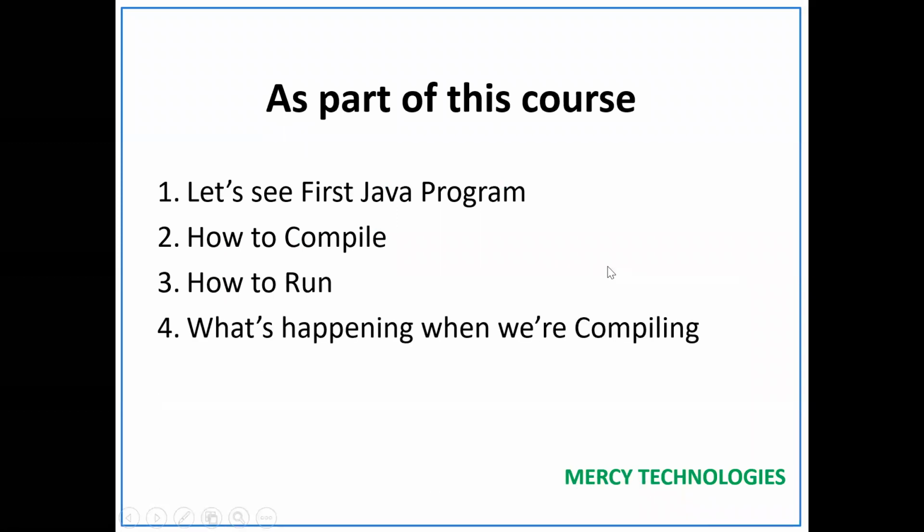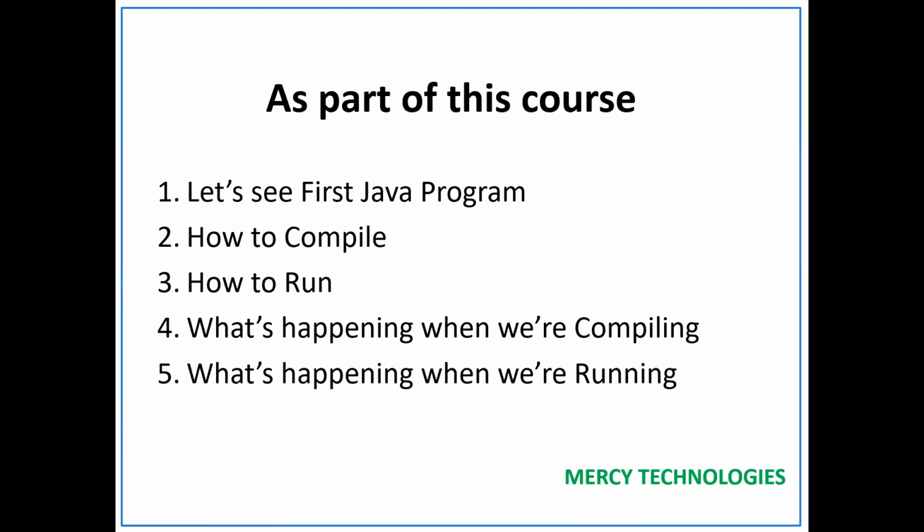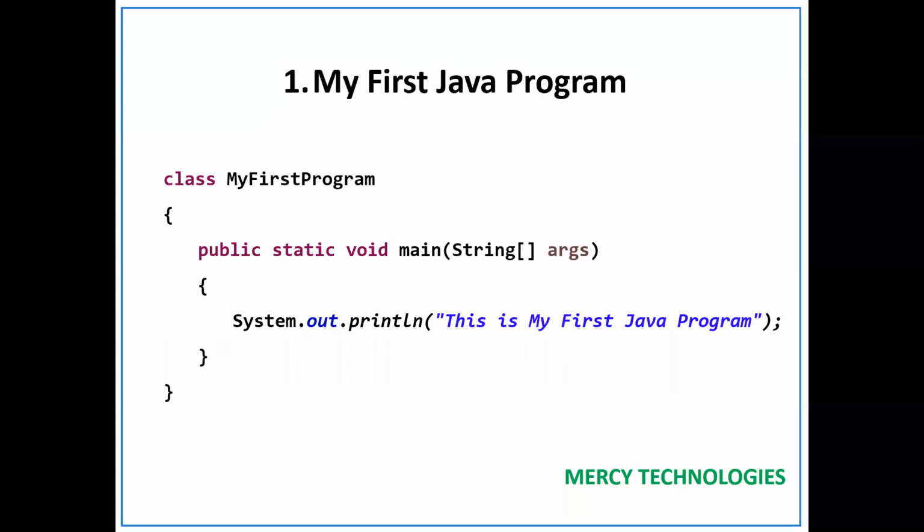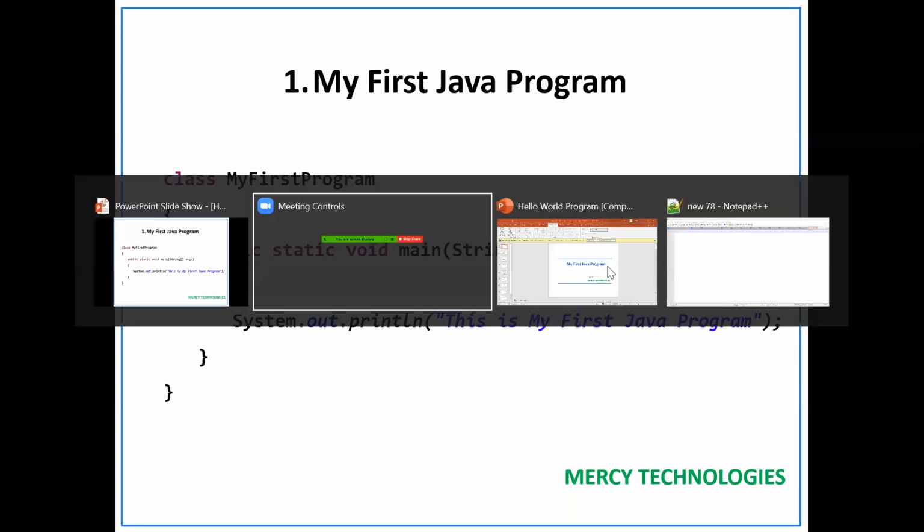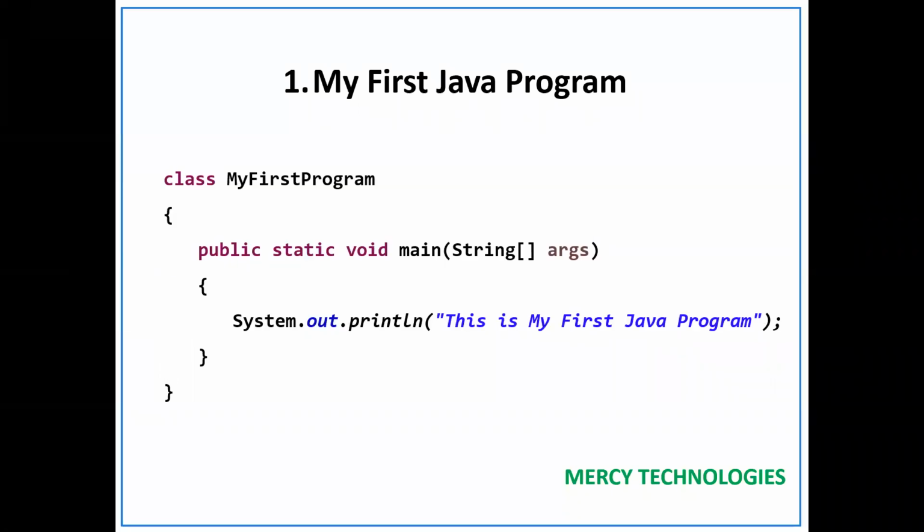The most important thing is what is happening in the background when we are compiling a Java program, and when we are running it. These two are very important. So let's go ahead now.